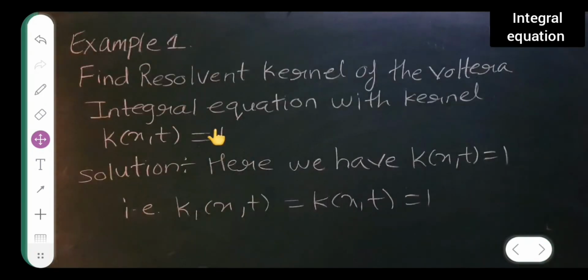Let me start with an example. Find the resolvent kernel of the Volterra integral equation with kernel k(x,t) = 1. Here we have the kernel k(x,t) = 1. Now k1(x,t) is nothing but k(x,t), which is equal to 1.